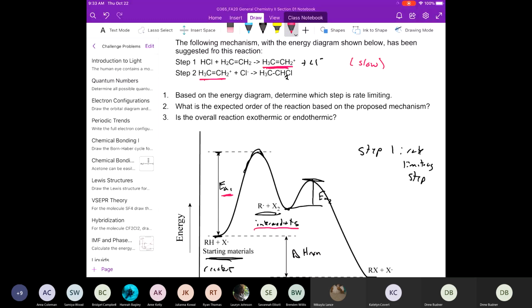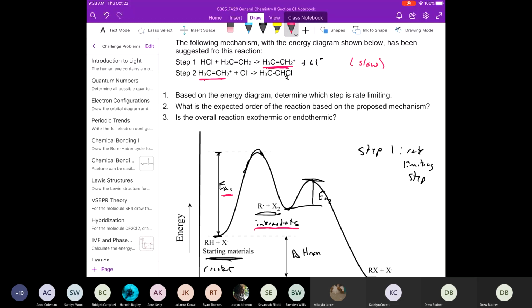So when we talk about these mechanisms now, because we're talking about how molecules or individual atoms move from reactants to products, the molecularity, or how many molecules are involved in those steps, is going to directly relate to the rate order, right? So the order is really how many molecules are involved in this step.